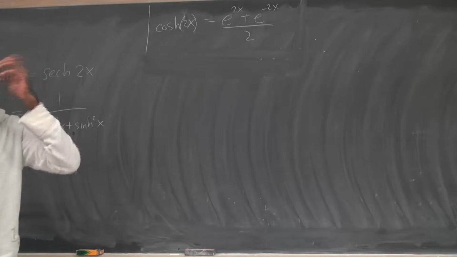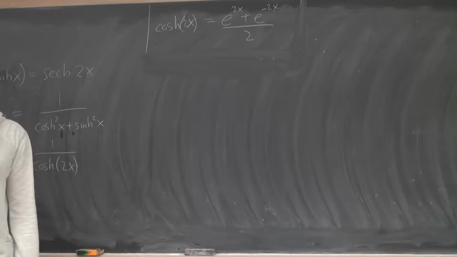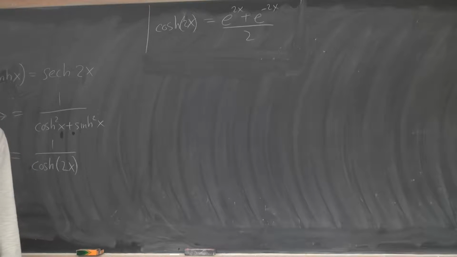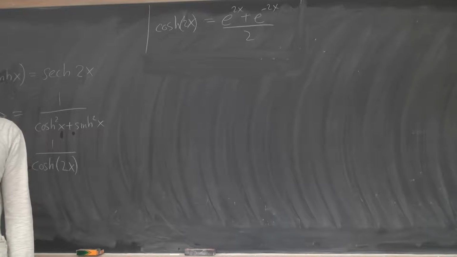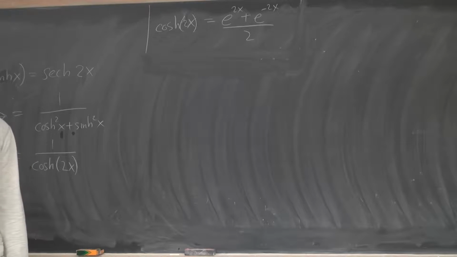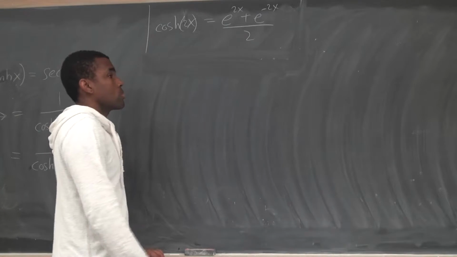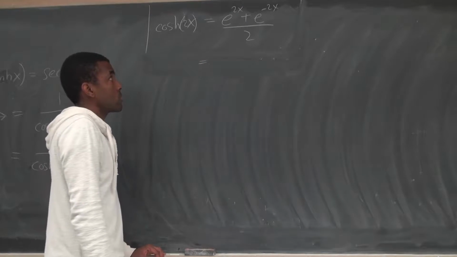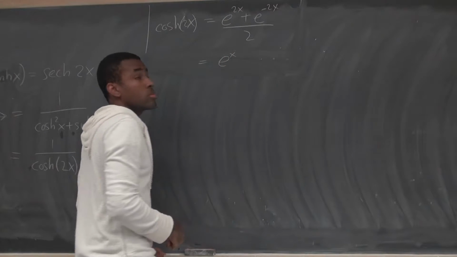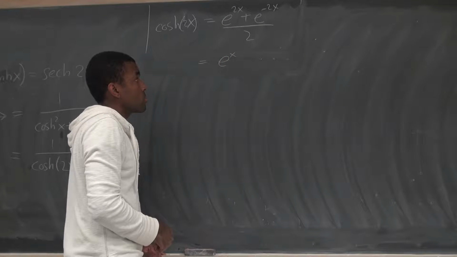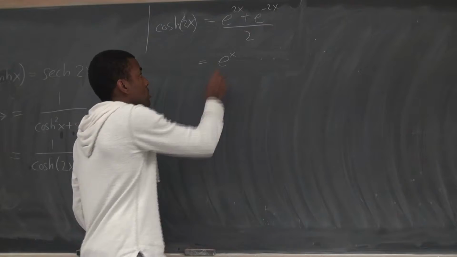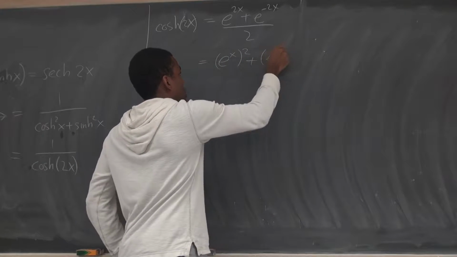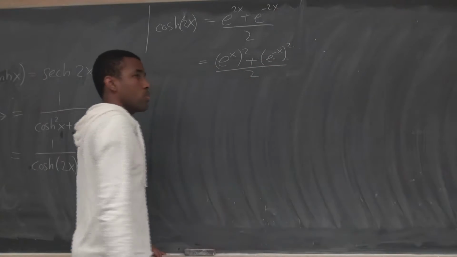So I have the sum of squares. What can I do with that? Okay, so this is e to the minus x squared. What do we do with that?